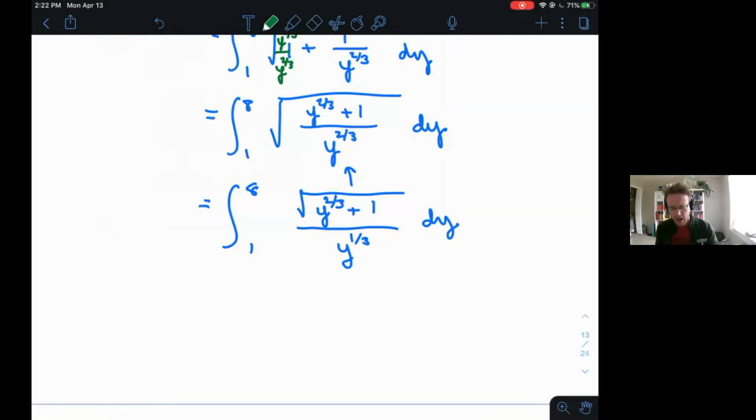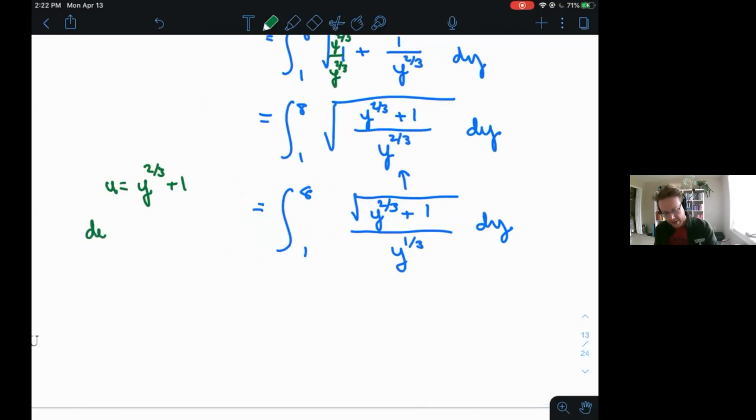So I guess if we were to try a U-substitution, you know, letting U be equal to this y to the 2/3 plus 1, that's inside of the square root still. That we couldn't break free. And so maybe that as a U-substitution would be reasonable. So with this, let's go ahead and take the derivative to calculate out du. So we're going to have 2/3 and y to the negative 1/3 dy. And this is very important, right?